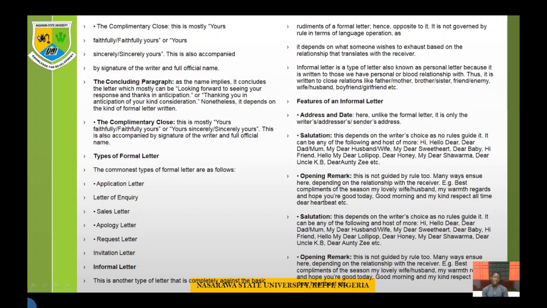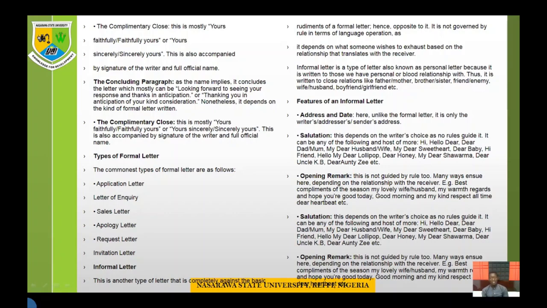You're writing to your father, your mother, your brother, your wife, your husband, your boyfriend, your girlfriend, your friend or whatever. It is called informal letter because there are no rules that guide how you use the language. It depends on who actually you are dealing with. So informal letter is a kind of letter we call, again, personal letter, as I've already mentioned, because it is written to those we have personal or blood relationship with.